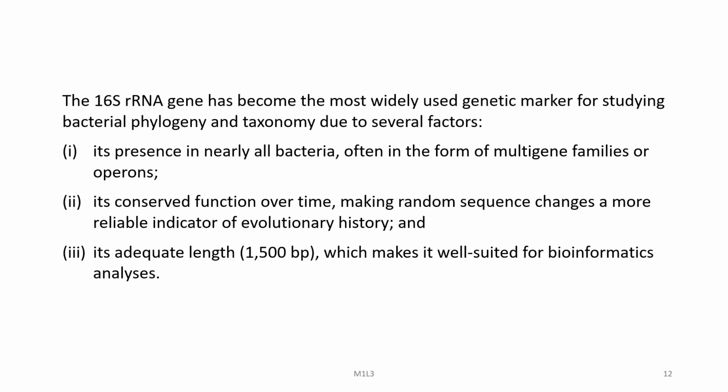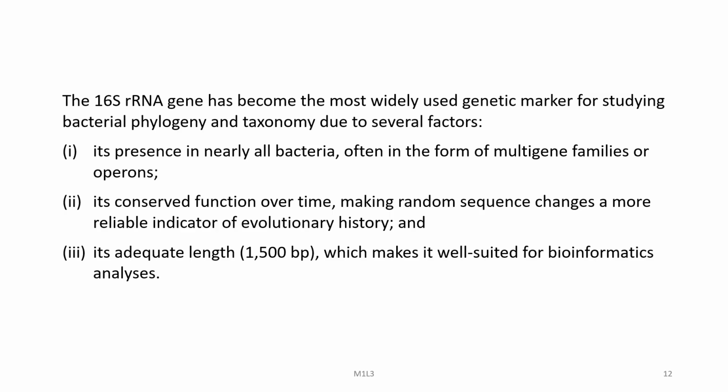Why has the 16S RNA gene become the most widely used genetic marker for studying bacterial phylogeny and taxonomy? There are several factors responsible for this. Number one, the 16S rRNA gene is present in nearly all bacteria, often in the form of multigene families or operons.